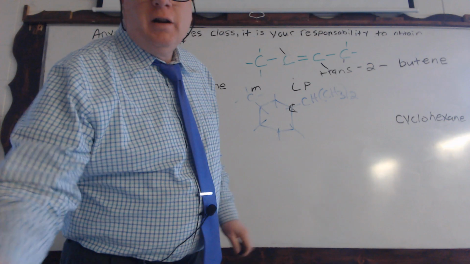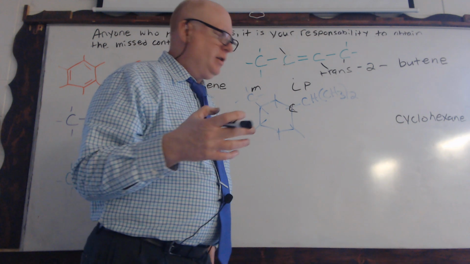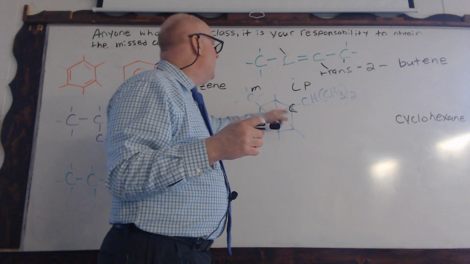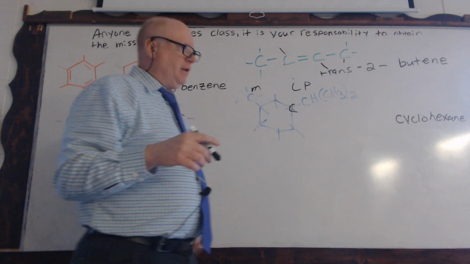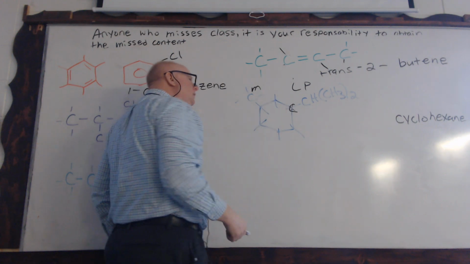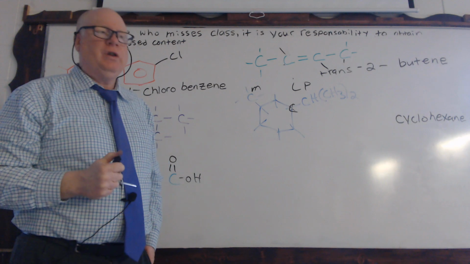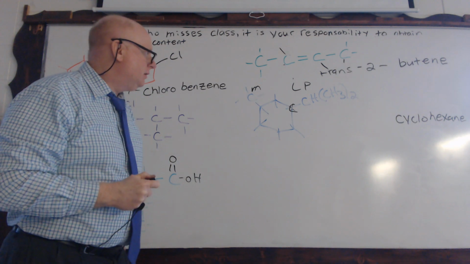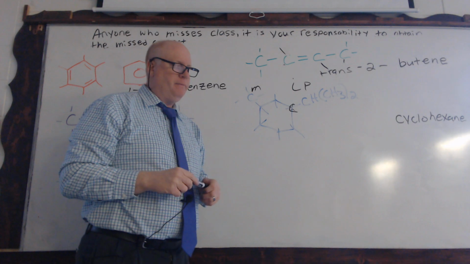Okay, now, we were establishing this. We're trying to say which one comes first. But isn't this a prefix, though? Yeah. Don't we ignore prefixes? Yeah. We do, except for this one. Okay? So it's going to be 1.